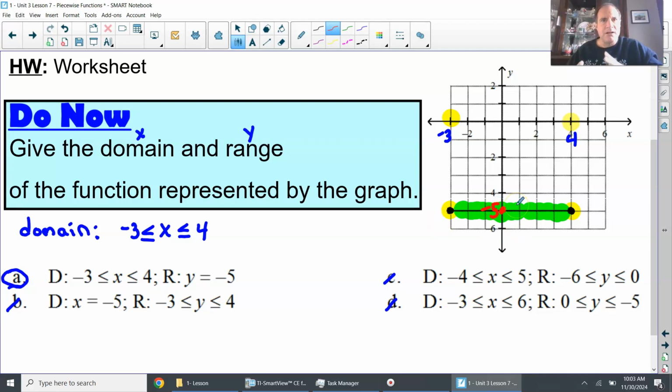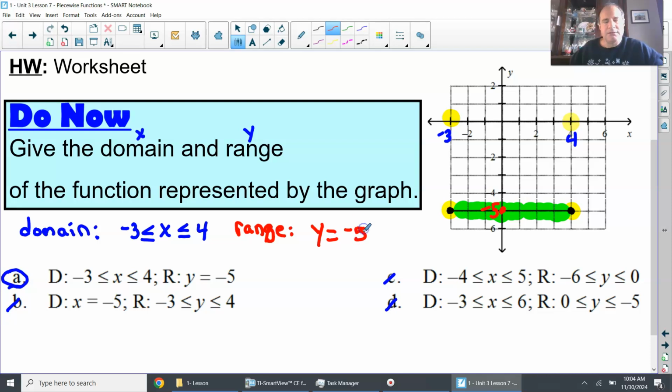All along that line, and it doesn't go anywhere else for the y. It is -5. So when we're talking about the range, we're talking about the y values, and notice that y is equal to -5.